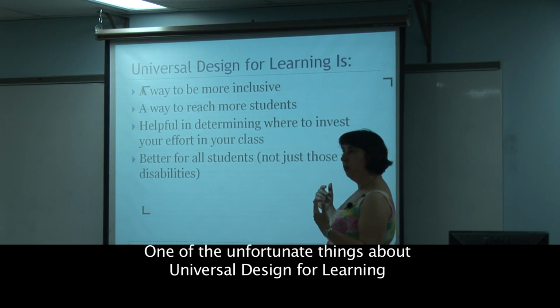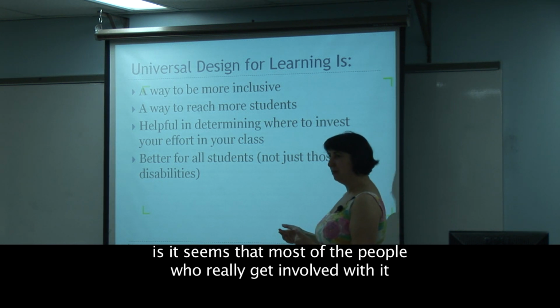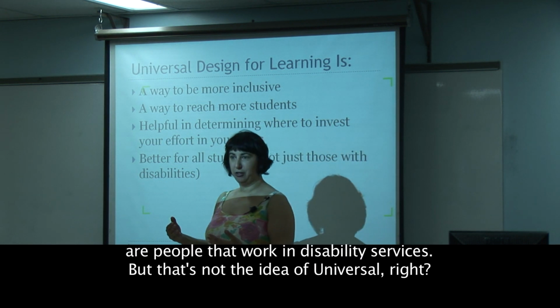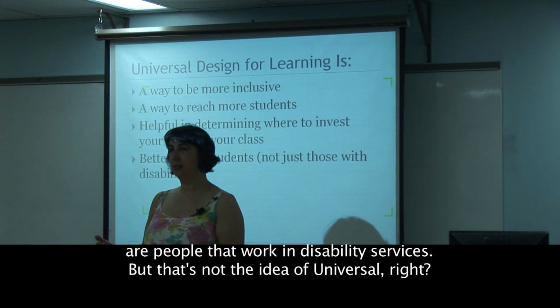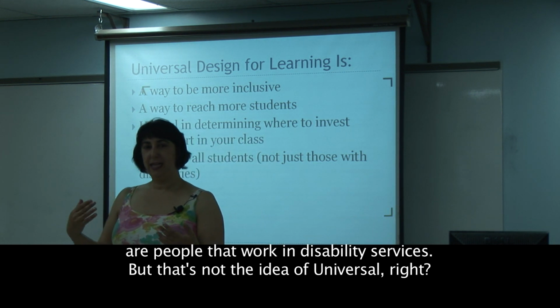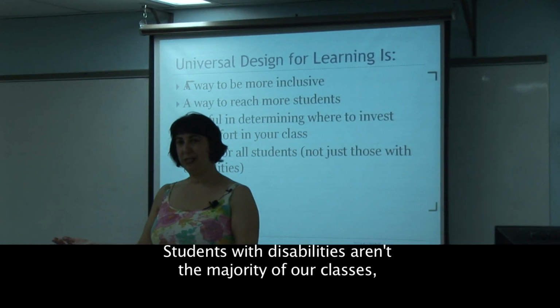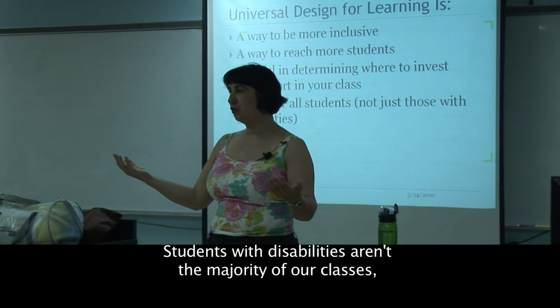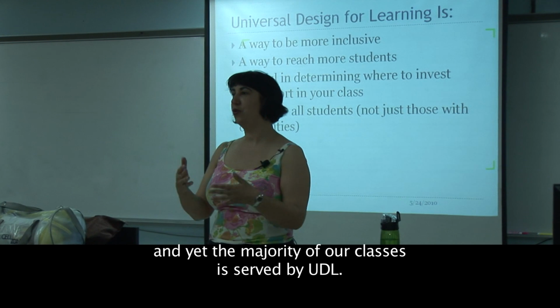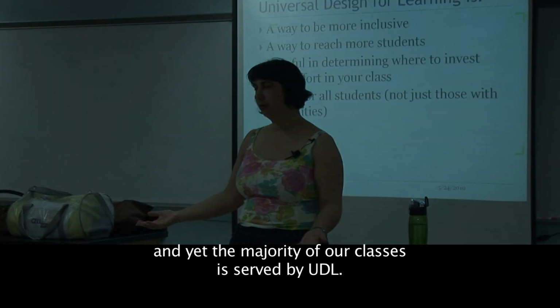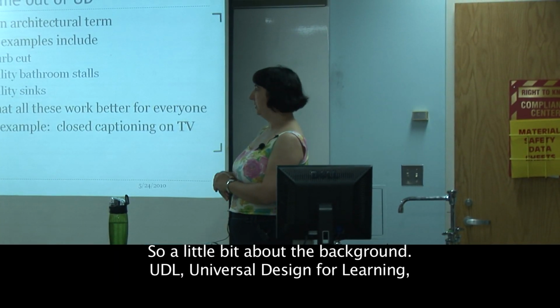One of the unfortunate things about Universal Design for Learning is that it seems that the only people that really get involved with it are people that work in disability services. But that's not the idea of universal, right? Students with disabilities aren't the majority of our classes, and yet the majority of our classes are served by UDL.